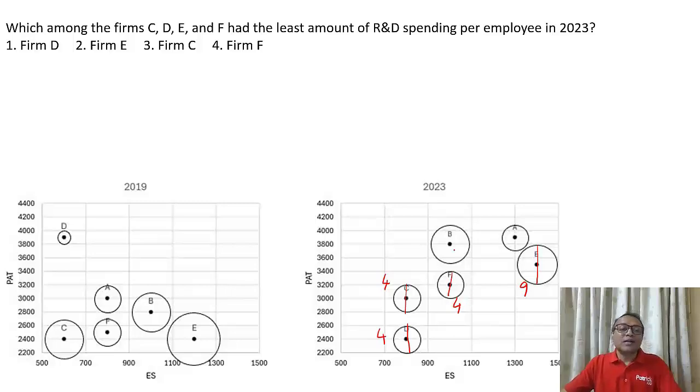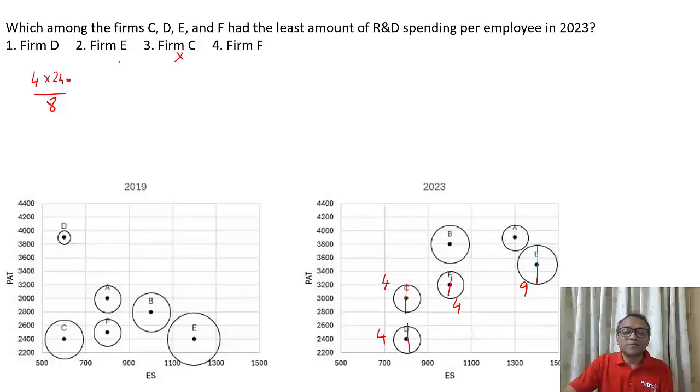So you want the least spending per employee. For example, D: diameter is 4 of 2400. For the R&D, I'm taking 24, I'm not taking all the data, and dividing by 8. I'm ignoring the 2 zeros from both sides. So 4 into 24 upon 8 is D. I need not calculate for C because it's 4 into 32 upon 8. It's higher expenditure. We want the least amount because everything else is the same, but expenditure is higher, PAT is higher.